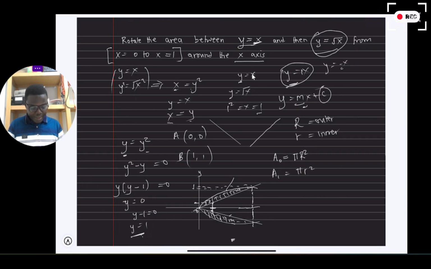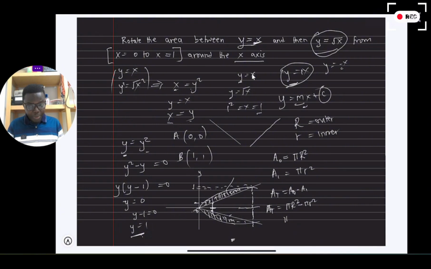Since we are interested in only this part of the function, our total area is going to be A outer minus A inner. That gives us A total equals pi R squared minus pi small r squared.